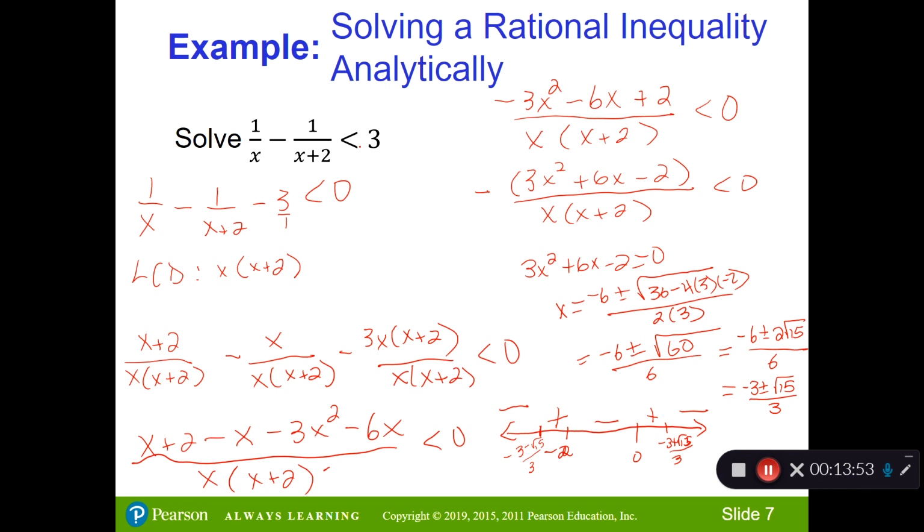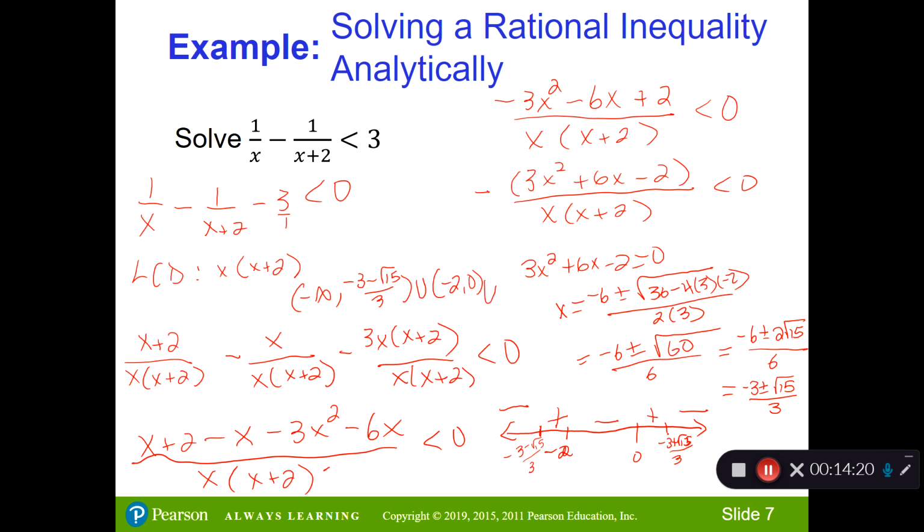Okay, we wanted it to be less than 0, so I want to pick the negative signs. So my interval would be negative infinity up to negative 3 minus root 15 over 3. Then again from negative 2 to 0.